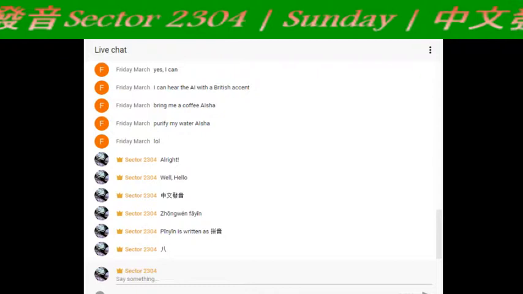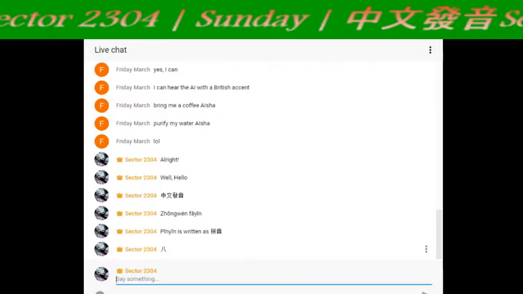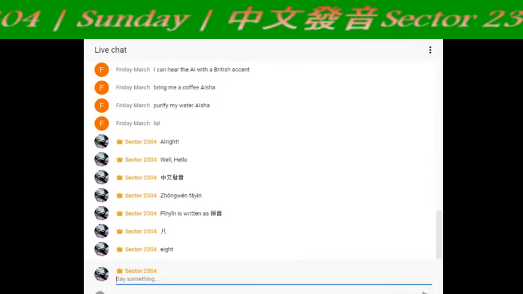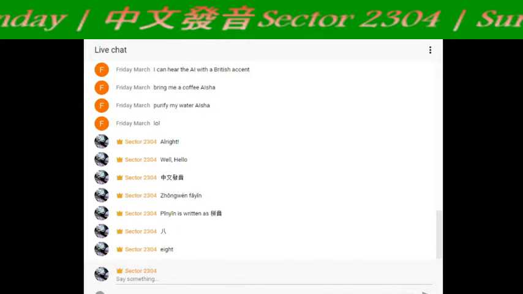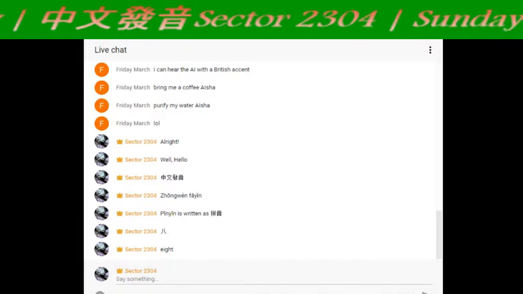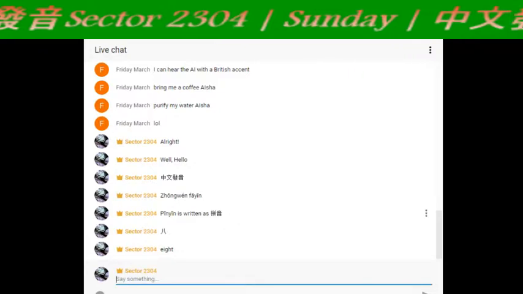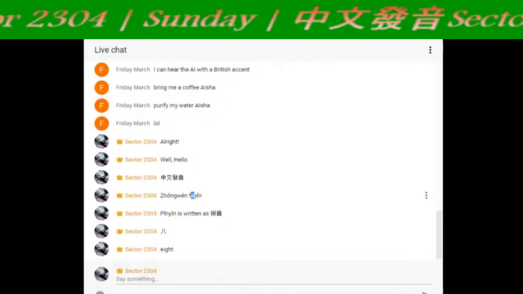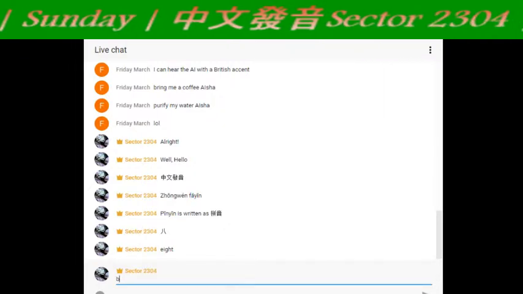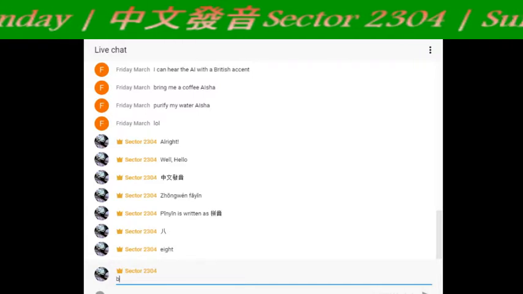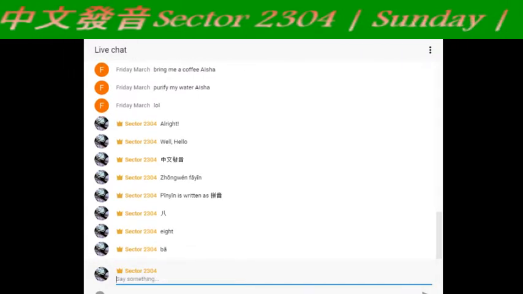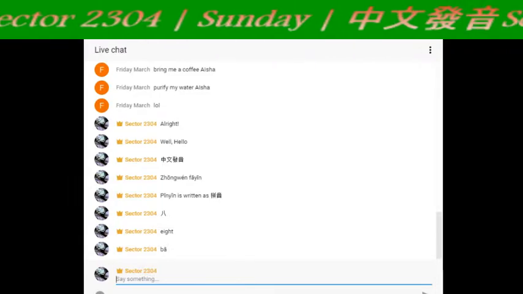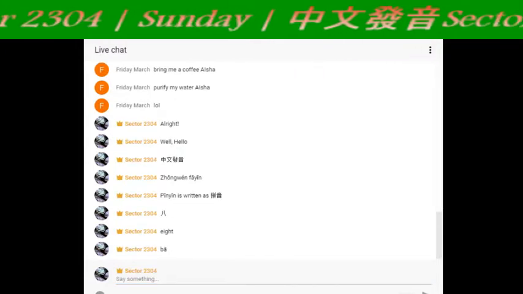So it's equivalent to English's 8. And the way it's actually written is like this in pinyin. That's how it's written in pinyin.